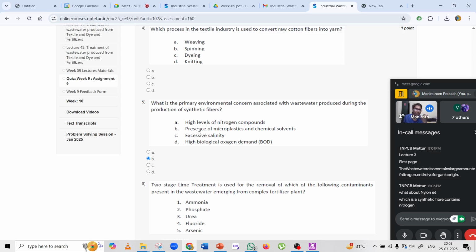Suppose this question was: write a difference between wastewater produced from synthetic fibers and wastewater produced from fertilizer, and you have to write only one difference. Then for fertilizer you will write that it contains a high amount of nitrogen, and for fiber you will say that it contains a high amount of microplastics.